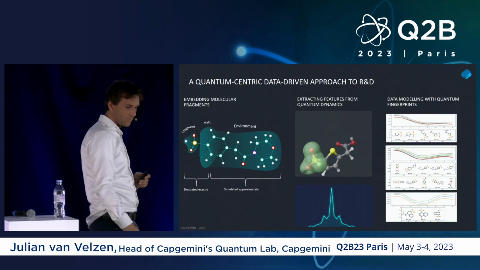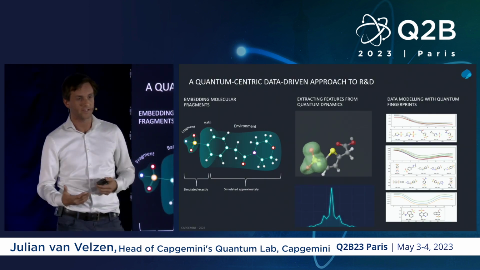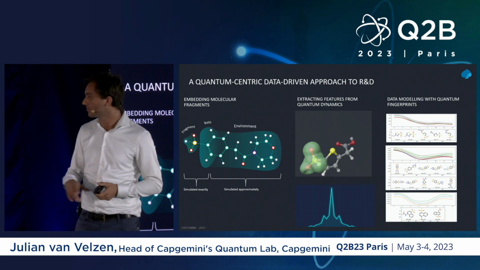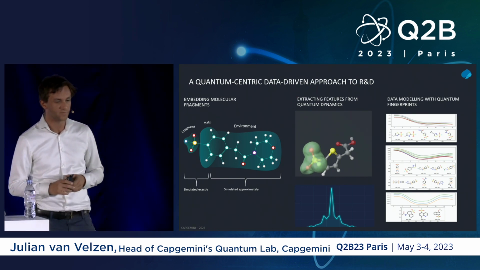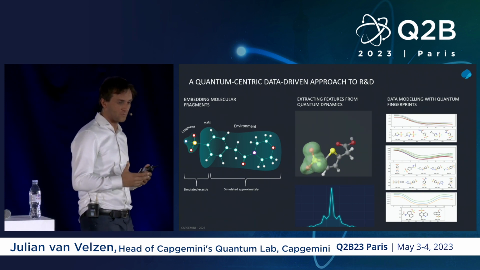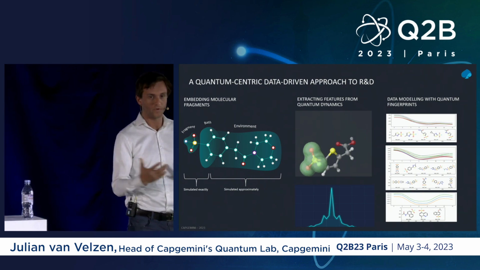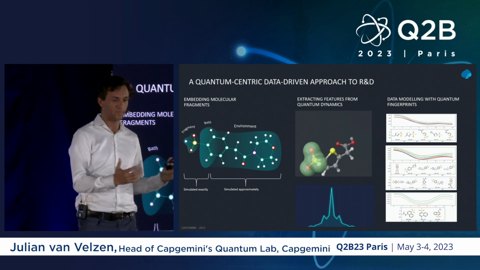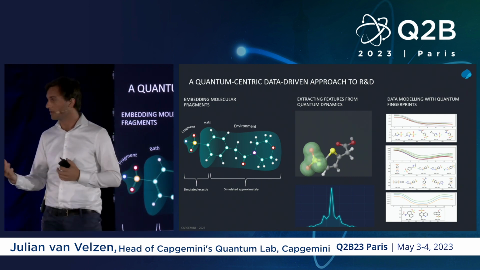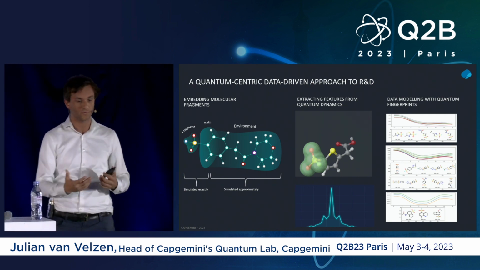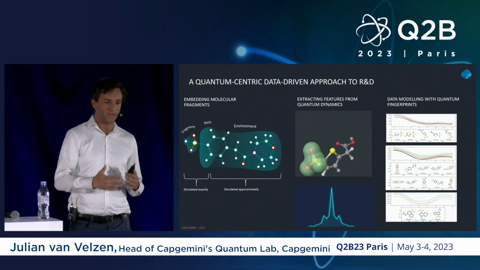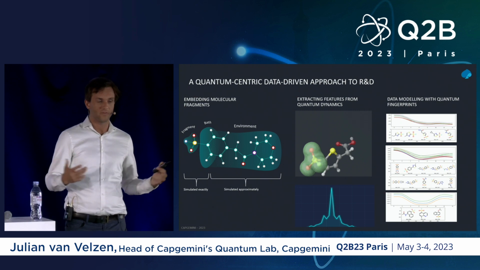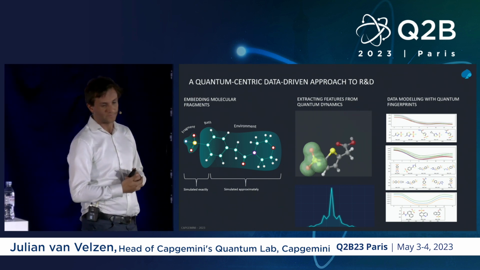So if I go to the next slide, I wanted to show a bit more how this could look. These are just a collection of work we did with various companies. The first one is really to show, we take a molecule and we split it up into different parts, where we study parts of the molecule with a quantum solver, whatever it is, and then model the environment and the bath in the environment with different tools.